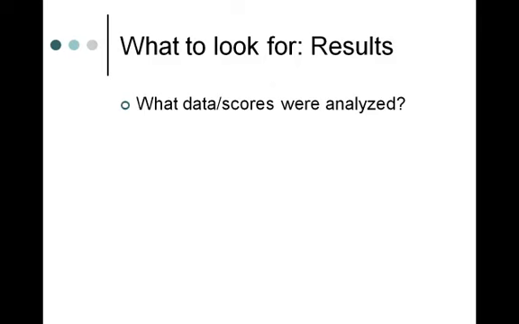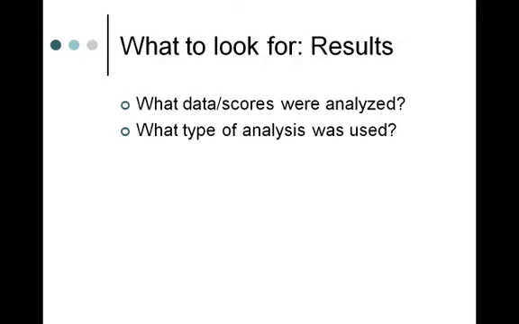So if 2 or 3 participants scored really high and 2 or 3 scored really low, they may eliminate those before looking at the data. So you want to look at what they did with the data to clean it up. And you need to be thinking, okay, did they treat the data fairly, or did their data cleanup method or their way of picking which scores to look at unfairly bias the outcome in favor of what they expected? So keep an eye out for that kind of thing.